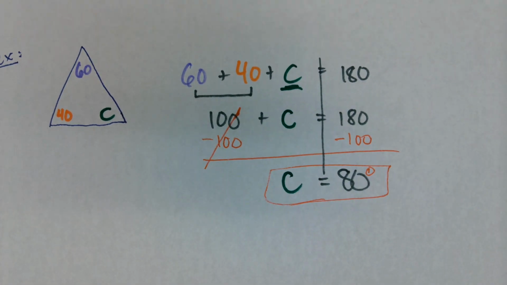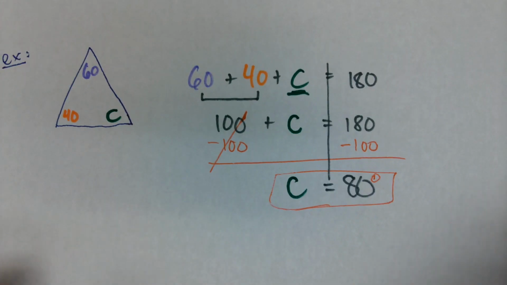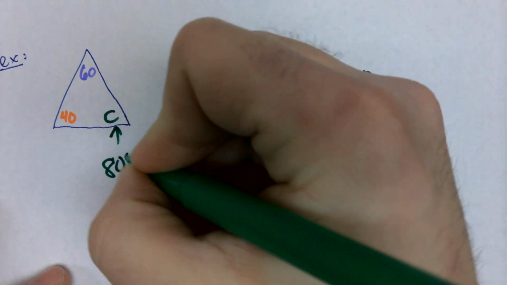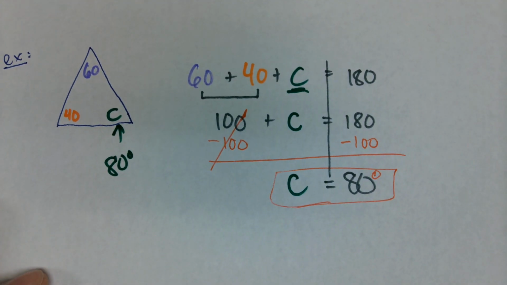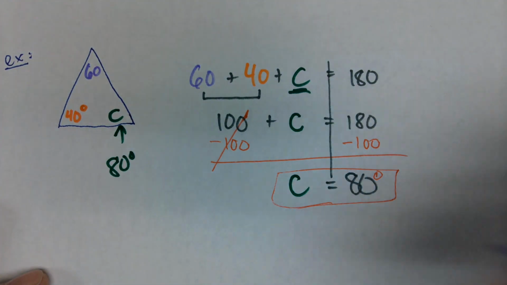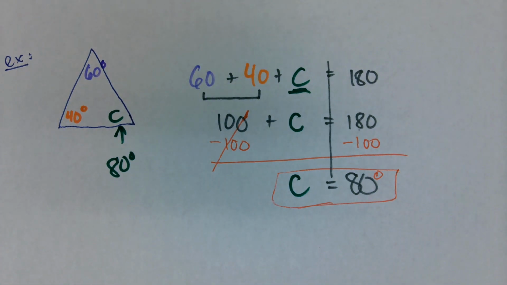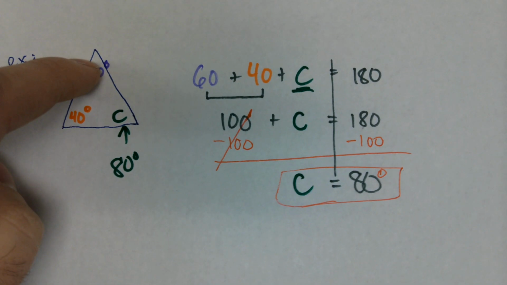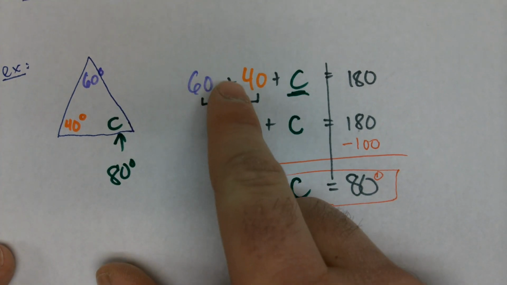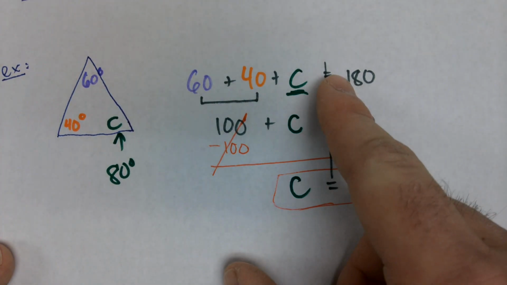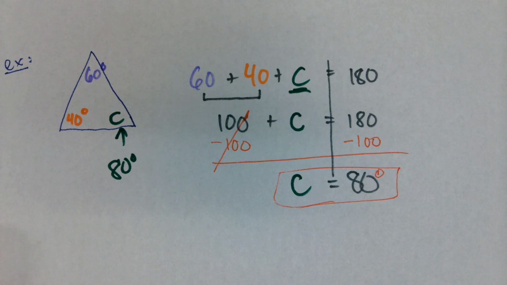So C, angle C here is 80 degrees. And we know that because this is for every single triangle we could possibly imagine. All three interior angles of this triangle add together and equal 180.